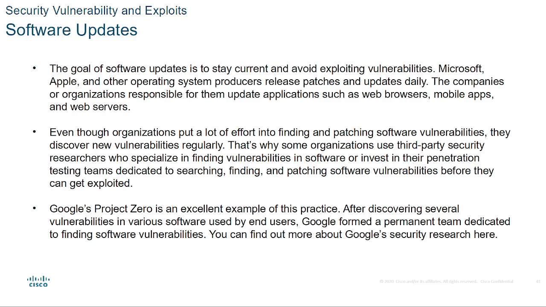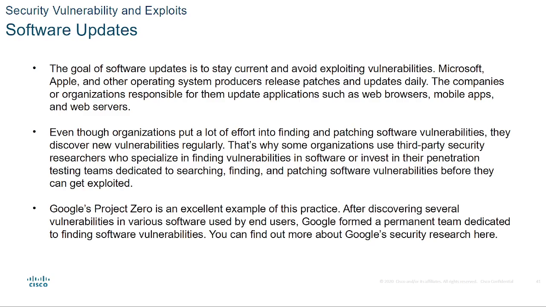Still under security vulnerabilities, another one we need to look at is software updates. The goal of software updates is to stay current and avoid exploits. Microsoft and other companies release patches regularly, and organizations should keep updating applications such as web browsers.